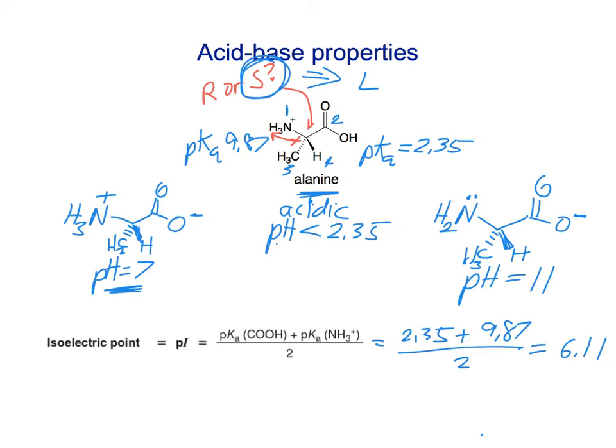If the isoelectric point is slightly higher or lower, it will affect which direction they go, toward the negative or the positive pole, or how fast they move. So it's just a property of an amino acid. Any questions?